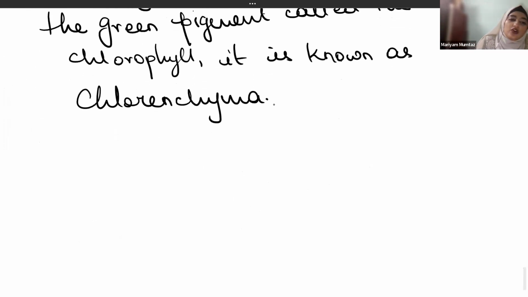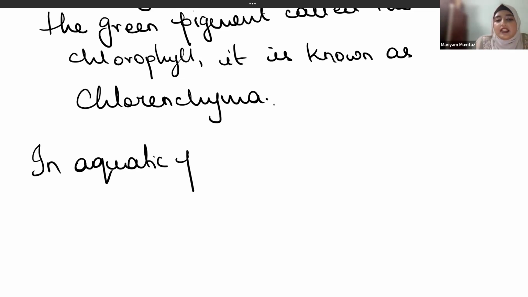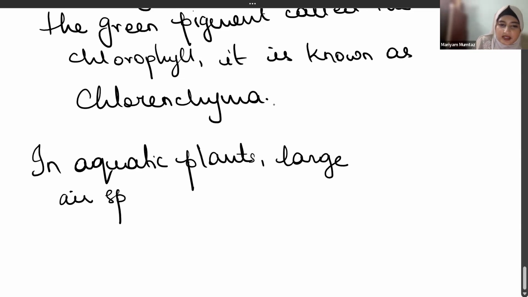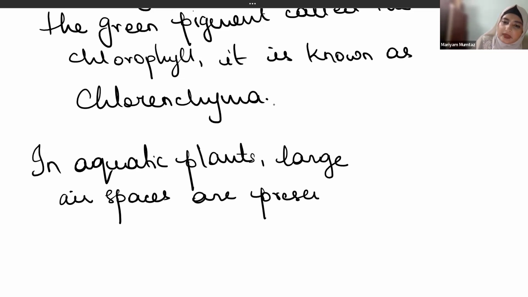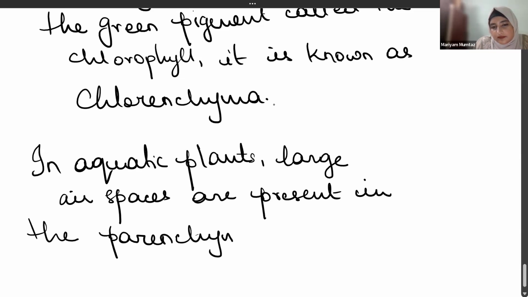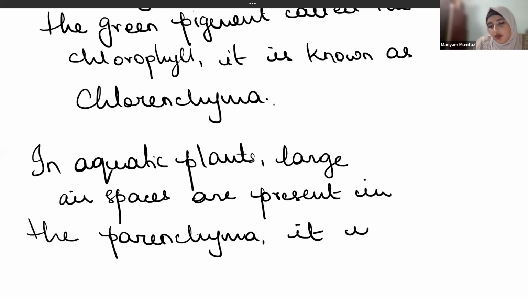Now, in the case of some aquatic plants, meaning the plants that live in the water, large air spaces are present in the parenchyma, which makes it the aerenchyma.